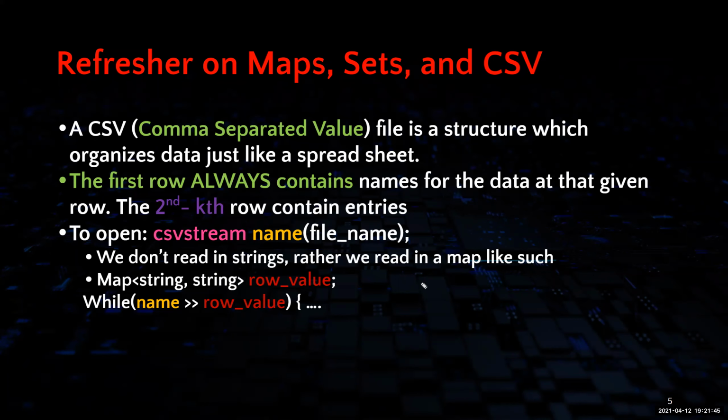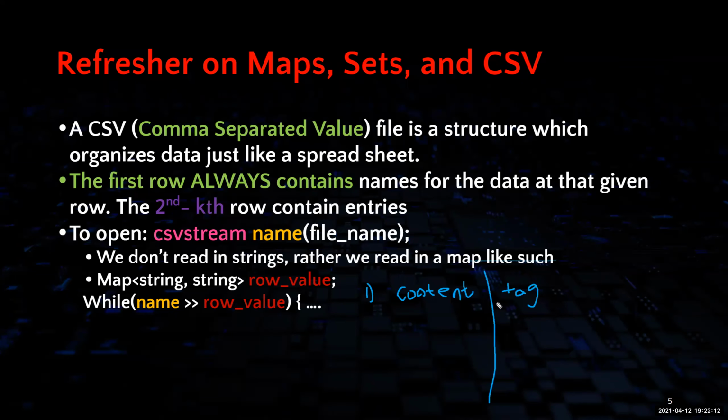Let's say I have a very simple CSV sheet. Everything in our first row is going to be the variables that we're concerned about. So let's say my first row has content, and then tag. Sorry about that, my microphone muted.